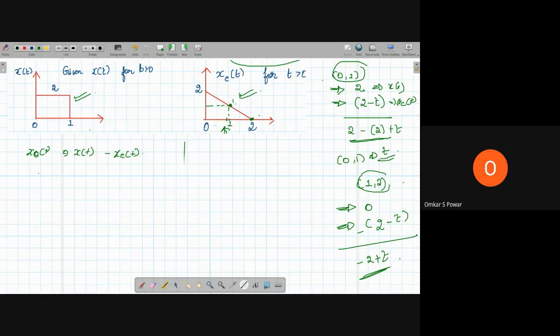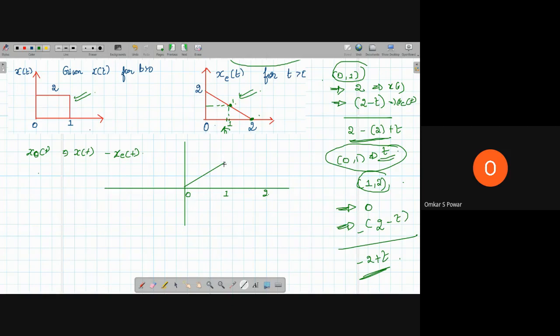So let me plot this one. It varies from 0 to 1 and from 1 to 2. From 0 to 1 it is t.